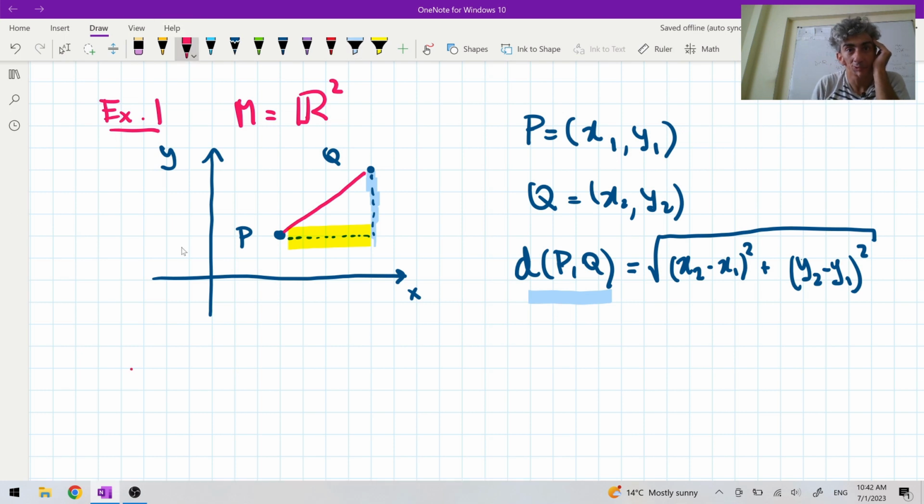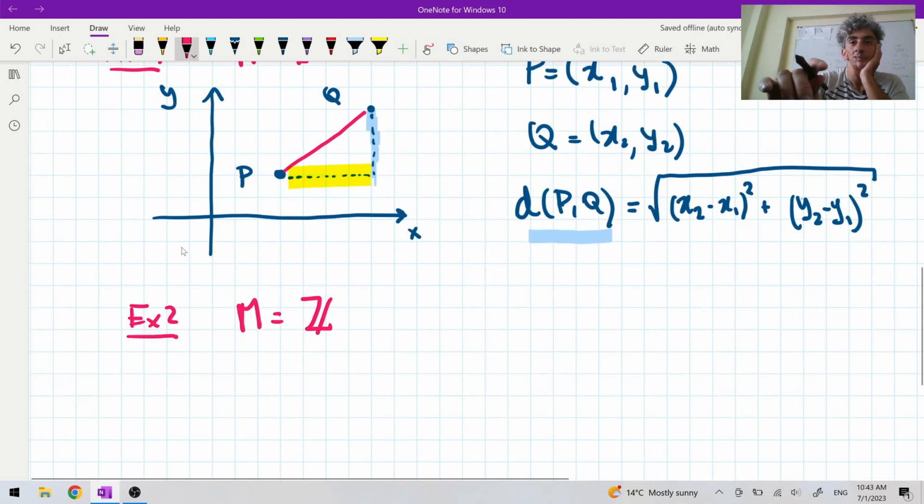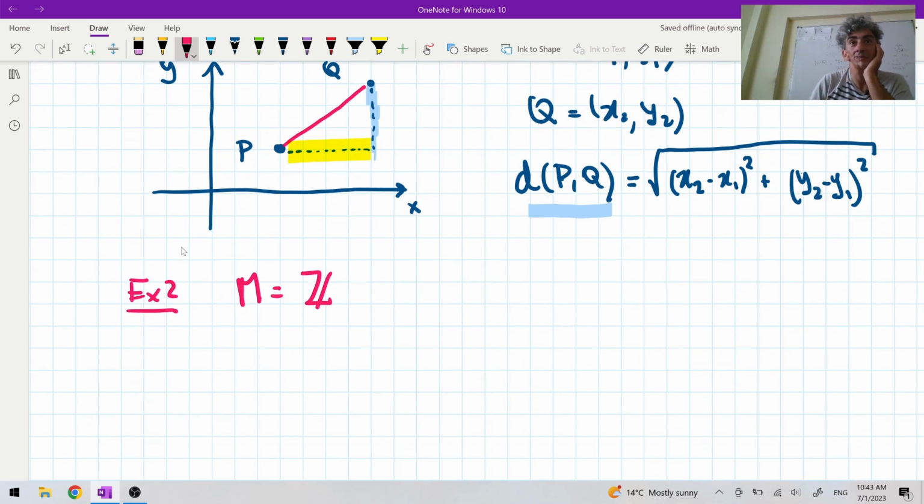Okay, let's go to a different example. Let's try Example 2. Now we're going to take the integers as our set. We're going to look at the integers as a subset of the real numbers.